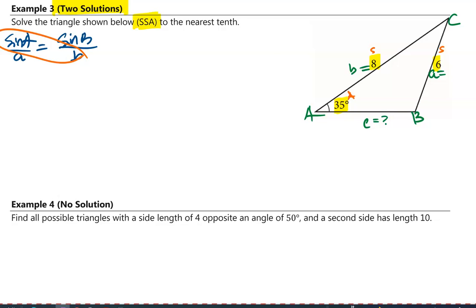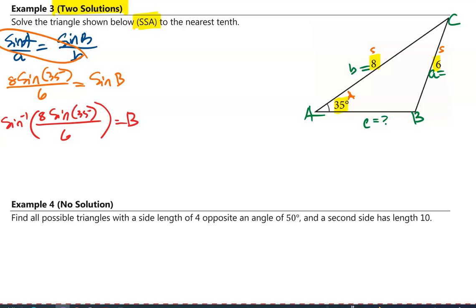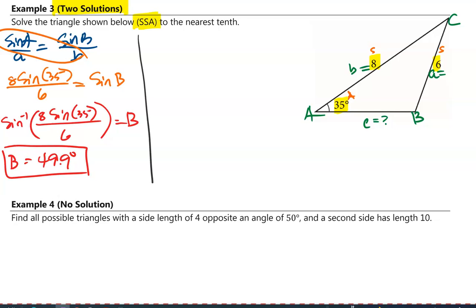So that's going to be B, which is 8, sine angle A, 35, over side A, which is 6, is equal to sine of angle B. And to isolate angle B, we take the inverse sine of the left side. 8 sine of 35 over 6 is equal to B. And using your calculator, B is equal to 49.9 degrees. So B here is 49.9 degrees.